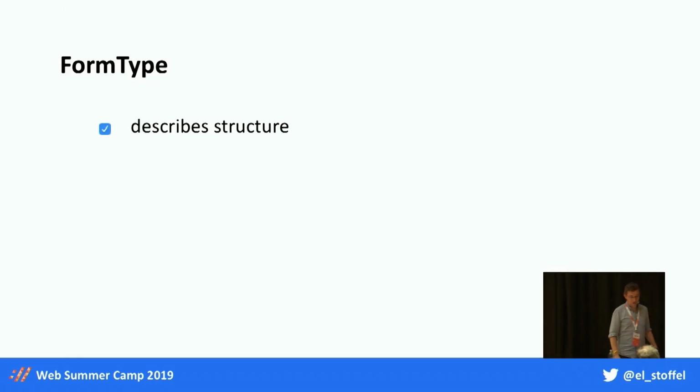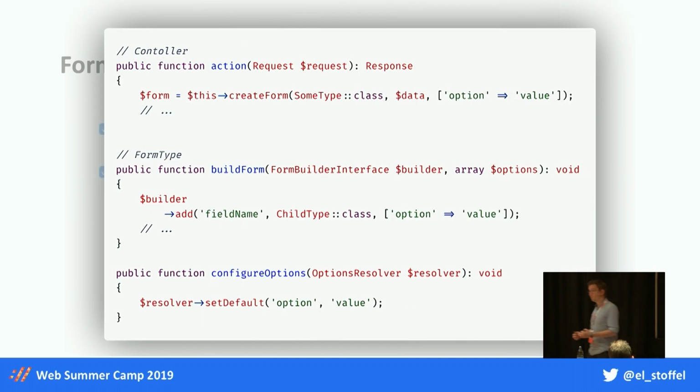All right. So it describes the structure of the form and has options. Form options is a kind of typed options array, which is typed by using the options resolver, which is a small component.